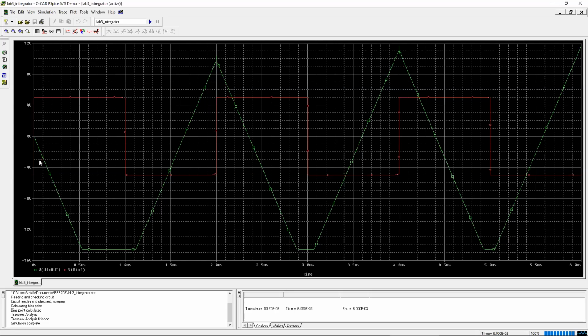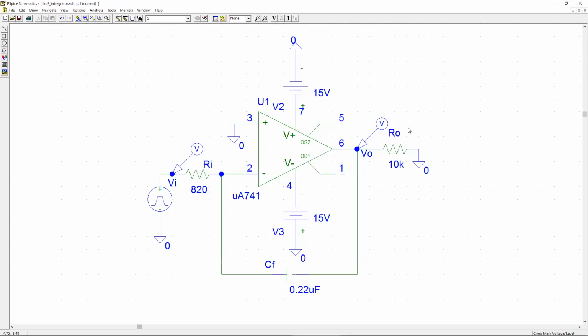If you notice, it is a triangular wave, but there are some anomalies, let's say in this region and also this region. This is because, as I already told you in the lab sheet demonstration, the circuit we are operating is not perfectly practical.